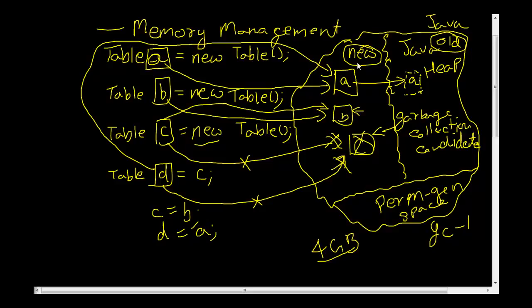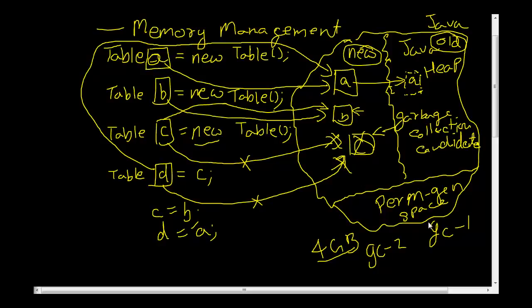So by executing this logic of generations, new and old, and some sophisticated Java garbage collection algorithms have multiple generations, new, old, and very old. So by moving the objects, what Java does is that it has 3 garbage collectors.